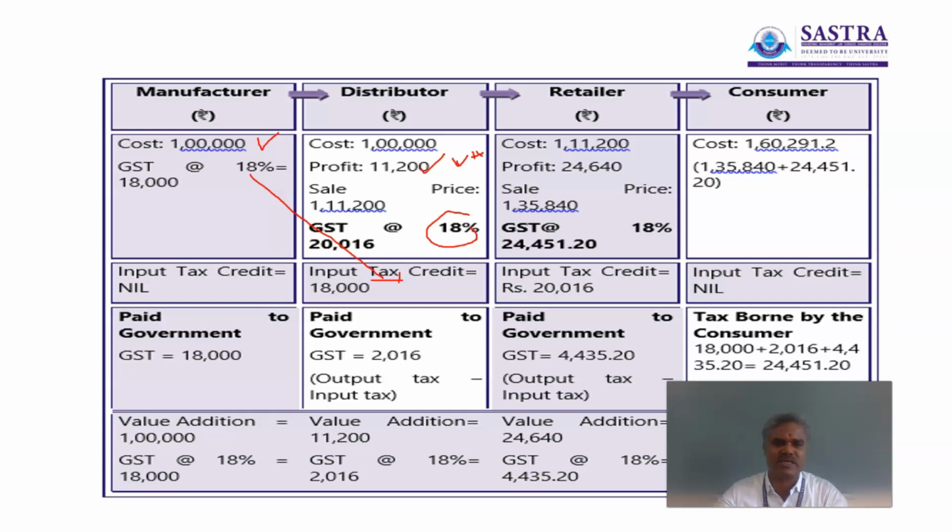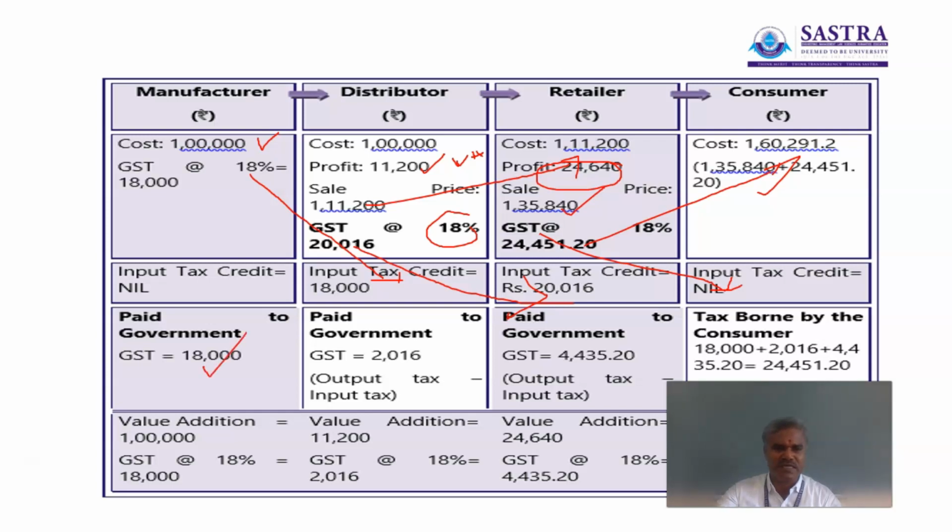So 2016, you see, 2016. This will be claimed as an input tax. Then here cost is 1 lakh 12,000, profit is 24,000. So now you collect tax from the customer. This is the value added tax. Here you paid 18,000.